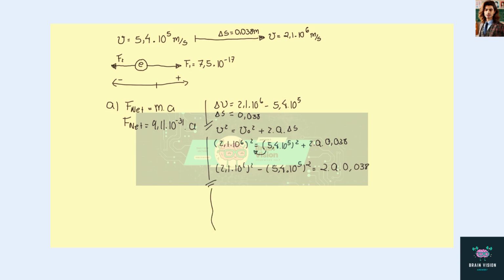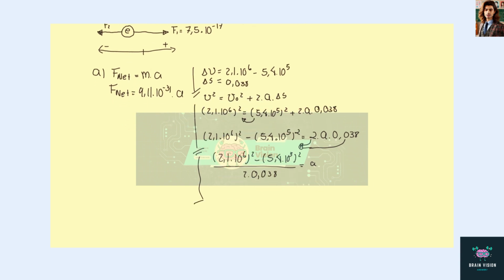Then we can do the following. Send both the 2 and the 0.038 to the other side. So we get 2.1 times 10 to the 6th squared minus 5.4 times 10 to the 5th squared divided by 2 times 0.038 is equal to the acceleration.